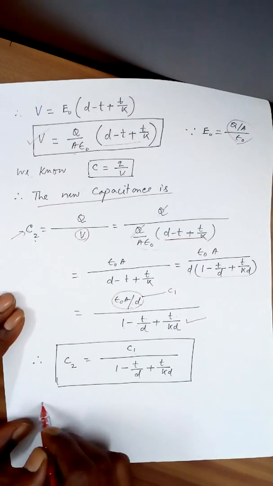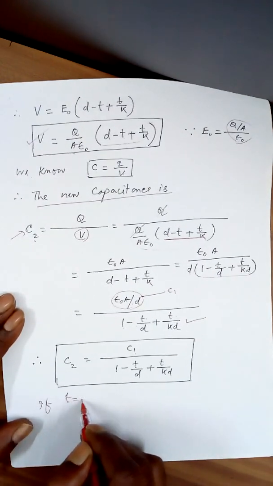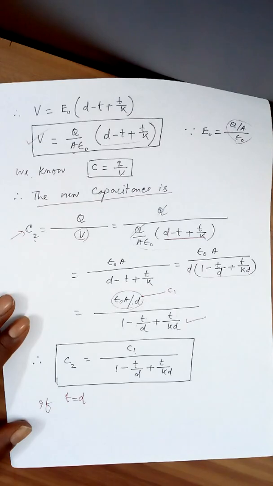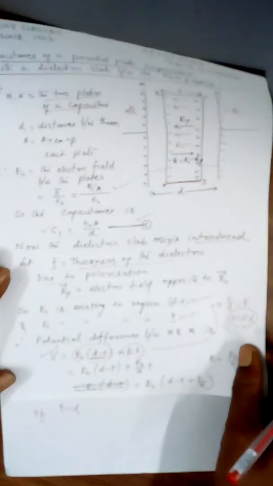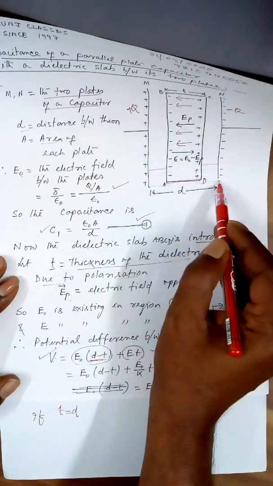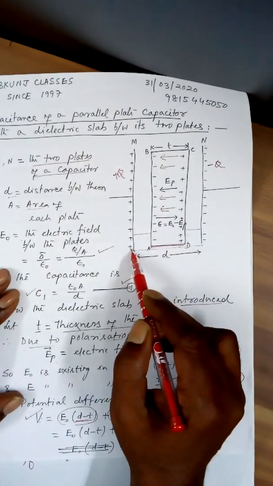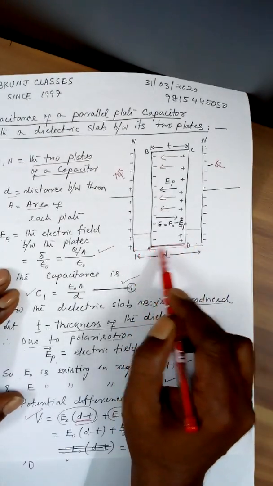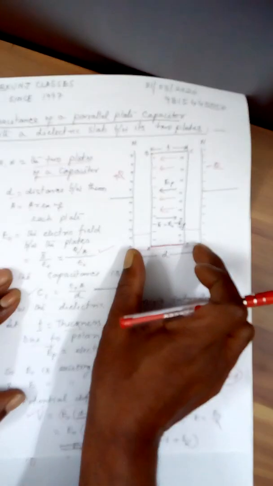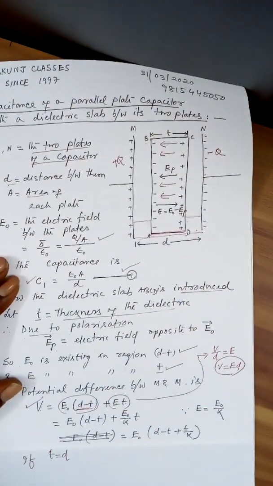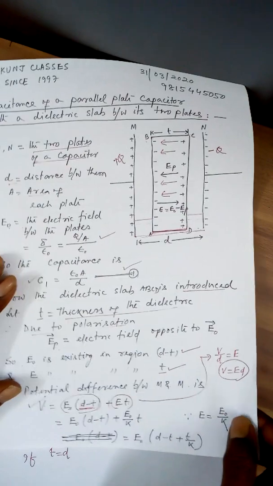Now if t is equal to d, that means this dielectric fills the whole space between the two plates M and N, then what will be the capacitance?